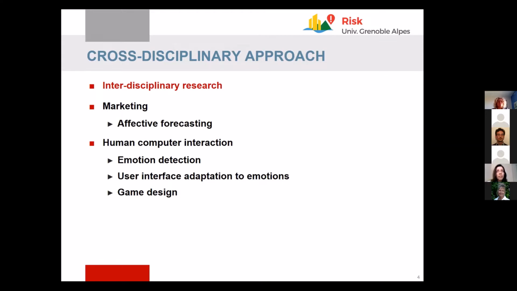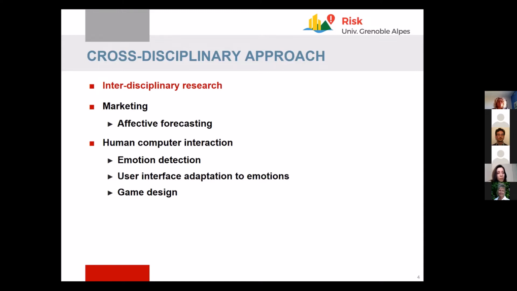They are correct if they are going to be happy or if they are going to be sad, but they are usually not correct about the duration and the intensity of their emotion. So this bias in the intensity and the duration of the emotion makes the impact bias. This is something that we are interested in in a marketing approach.